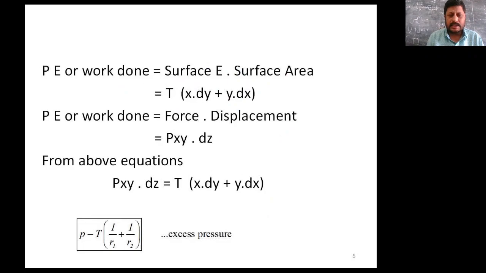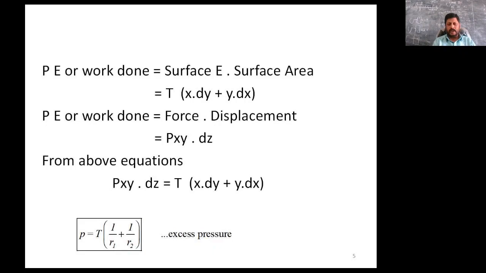So the potential energy or the work done is given by surface energy into the surface area, equals T into (x dy plus y dx). Also, the potential energy or the work done is given by force into the displacement, P x y into dz.